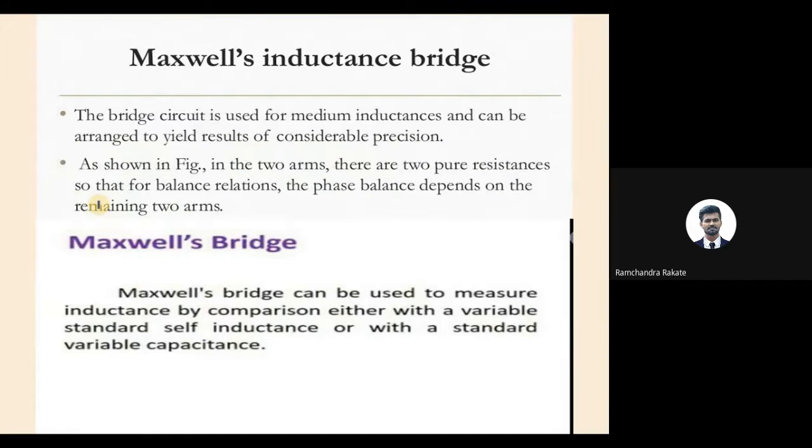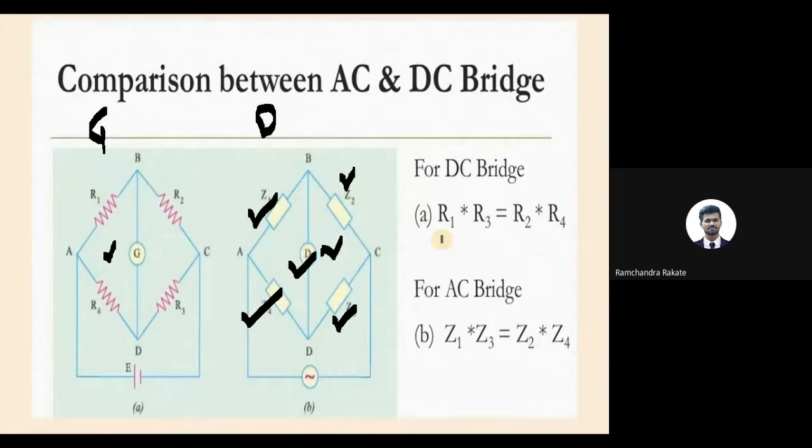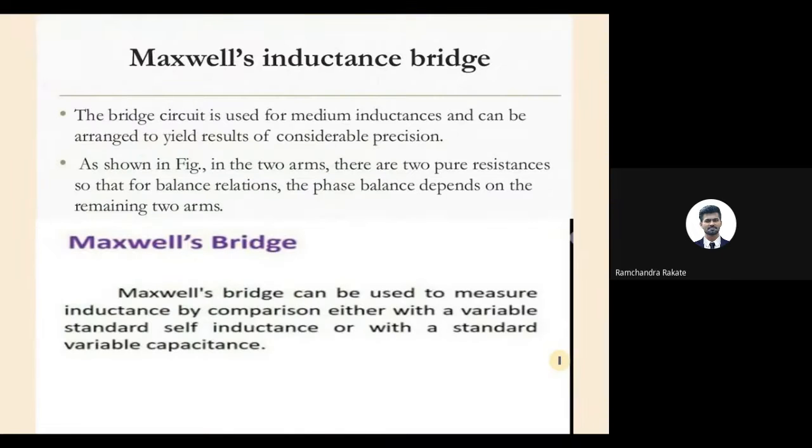As we have covered, your equations are also the same, only the parameters change. Based on that, we have certain methodologies for the Maxwell inductance bridge and the Maxwell inductance capacitance bridge.